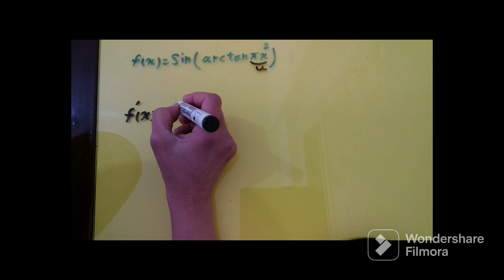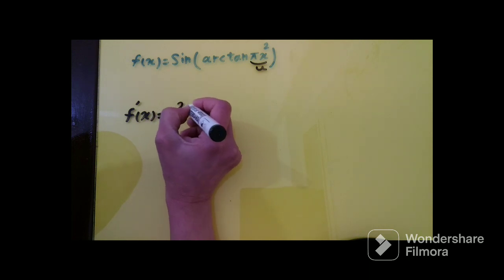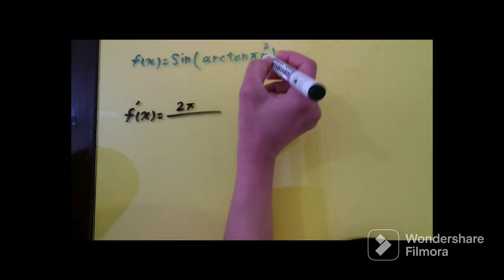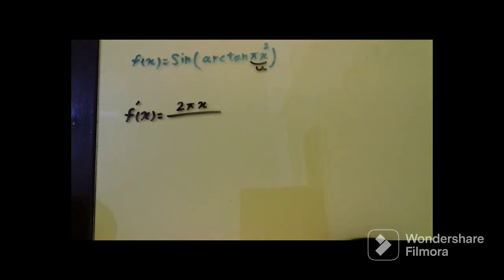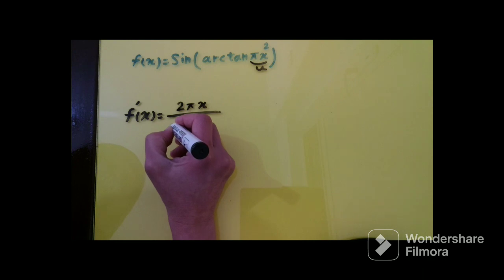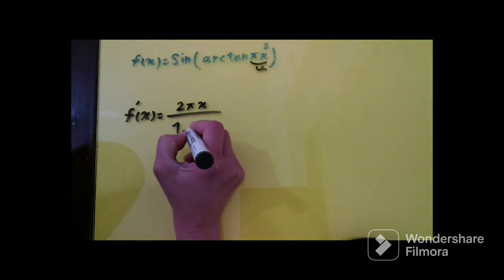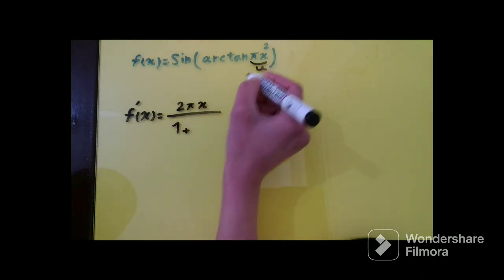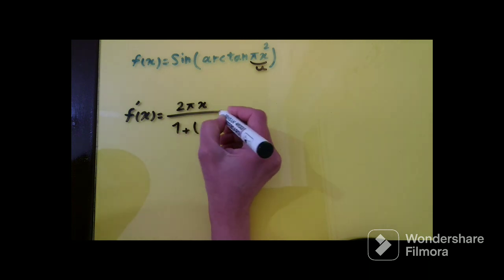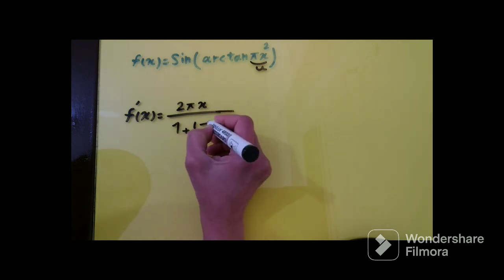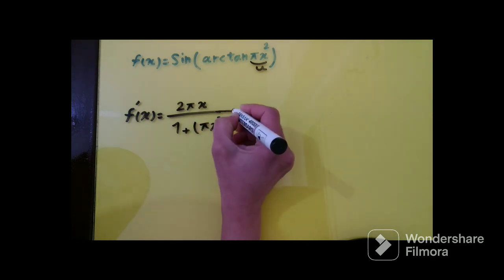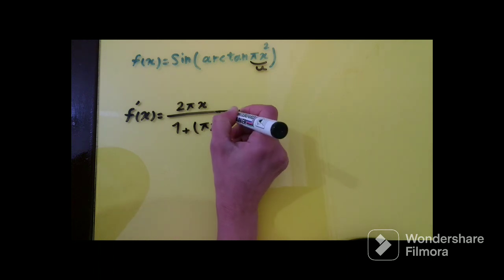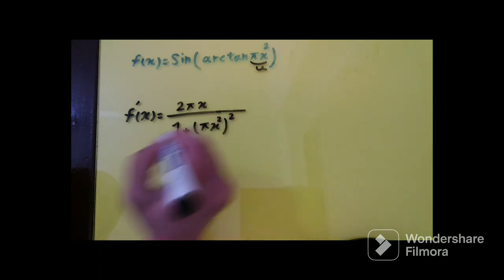It's 2 pi. No, reduce the power by 1. It's x. And for down, you should write 1 plus u squared, pi x squared to the 2.